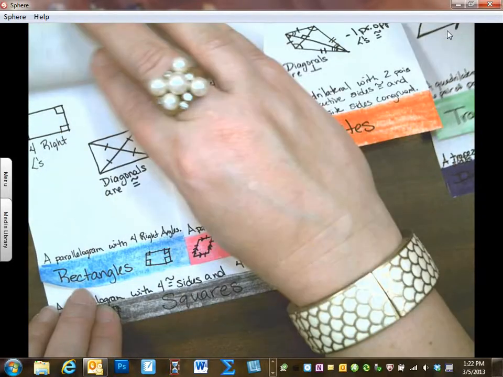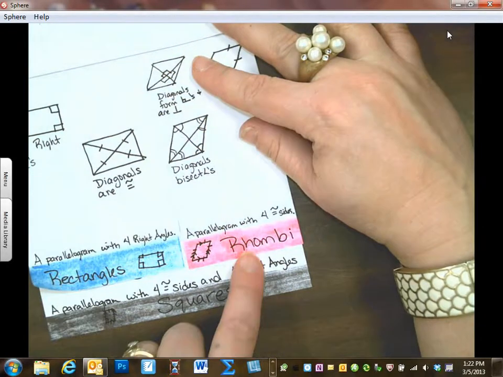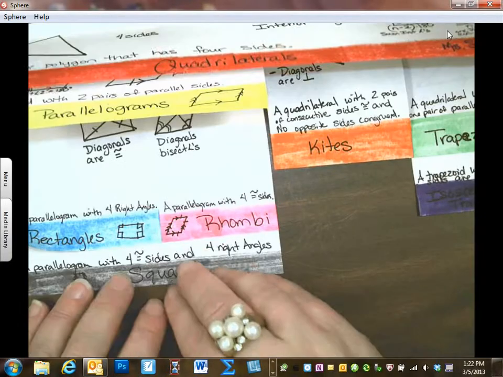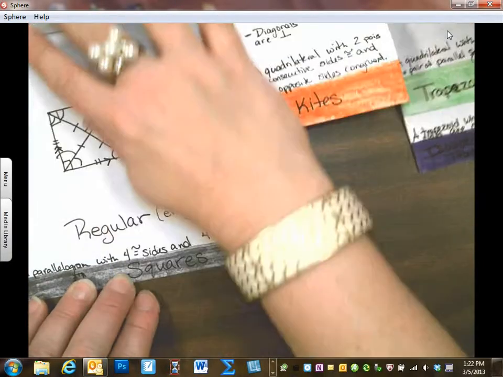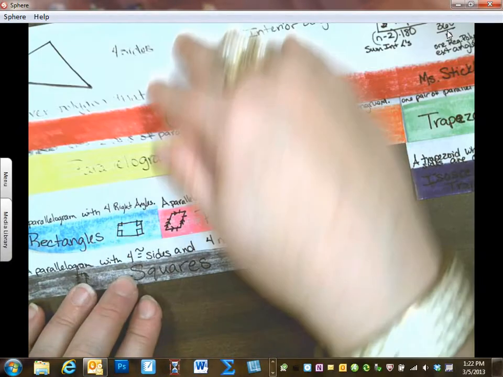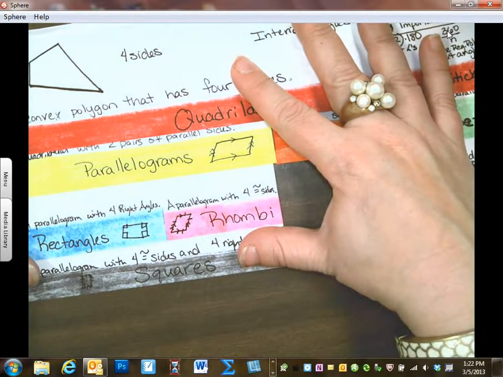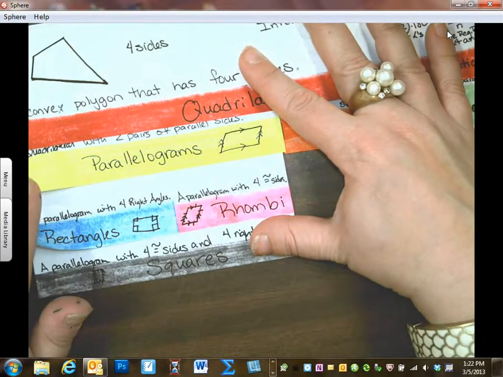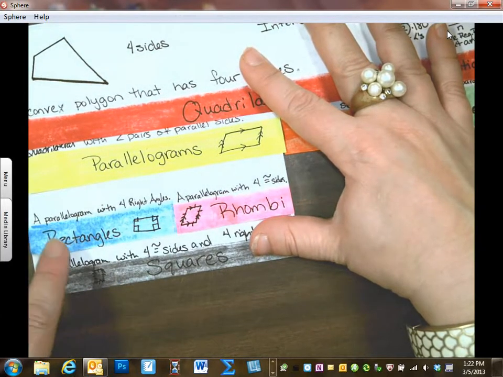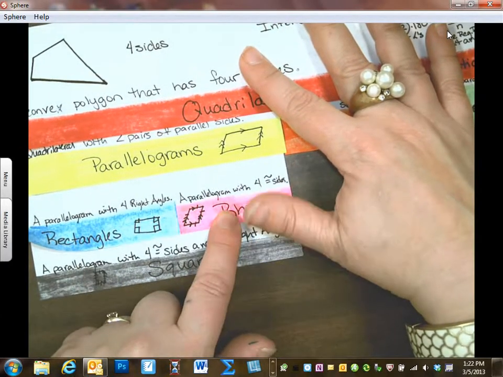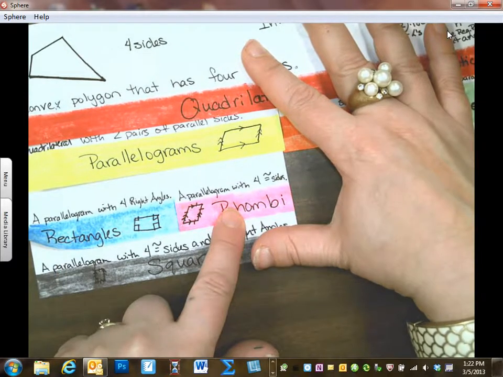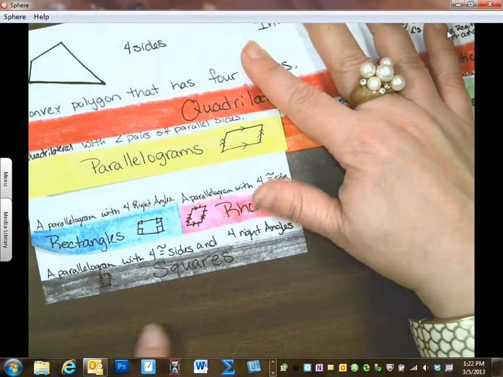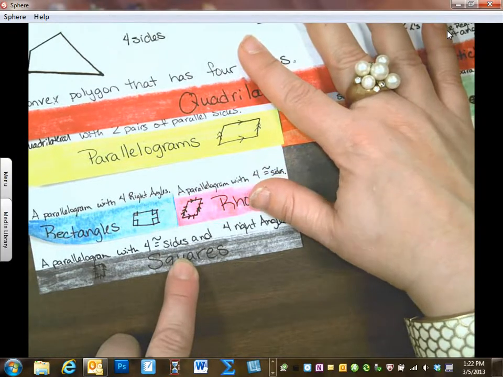Then we have our rectangle layer, our rhombi layer, and the square layer. So four layers total, if that helps you to think about it: quadrilateral, parallelogram, rectangles and rhombi. Rhombi is plural for rhombus. And then we have our square layer.